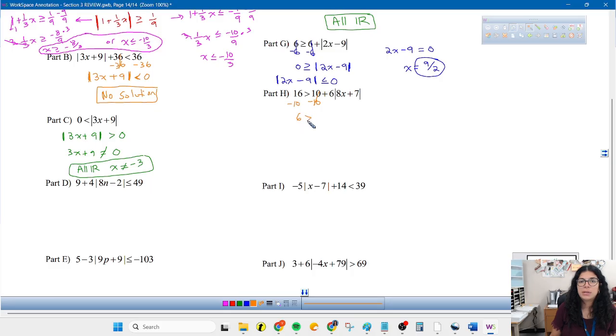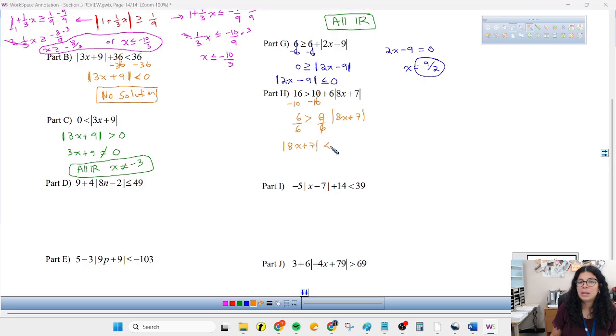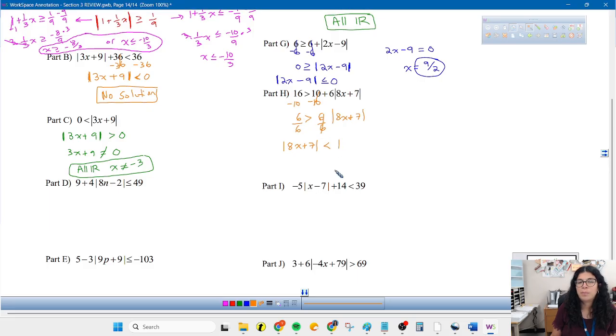So now we have 6 is greater than 6 times the absolute value of 8x plus 7. And then I'm going to divide by 6. And I'm also going to go ahead and flip this around. So the absolute value of 8x plus 7 is less than, and then 6 divided by 6, which is 1.